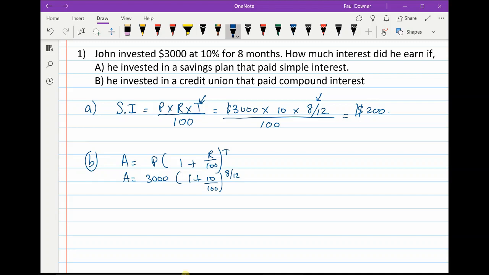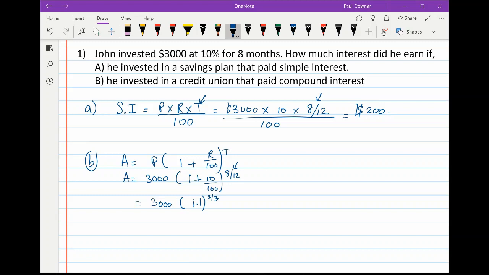So here again is where we had issues, people not remembering to put that in place. So what happens there is that you work out the 1 plus 10 over 100. 10 over 100 is 0.1, so 1 plus 0.1 will give us 1.1. And the 8 over 12 could be reduced to 2 over 3.